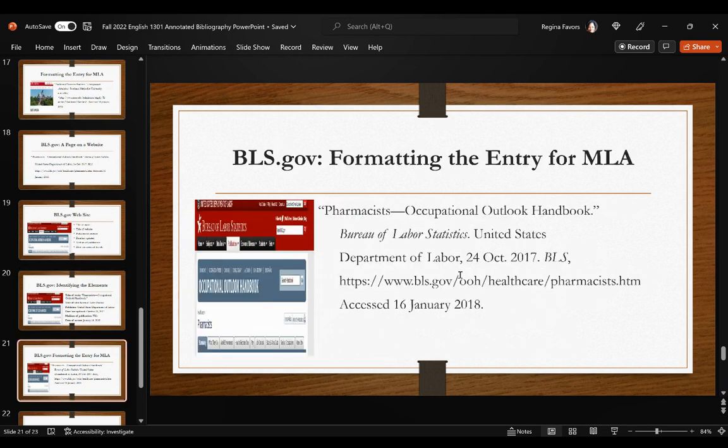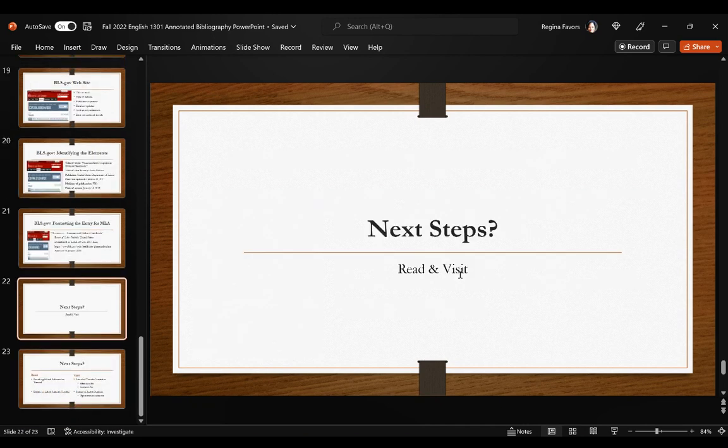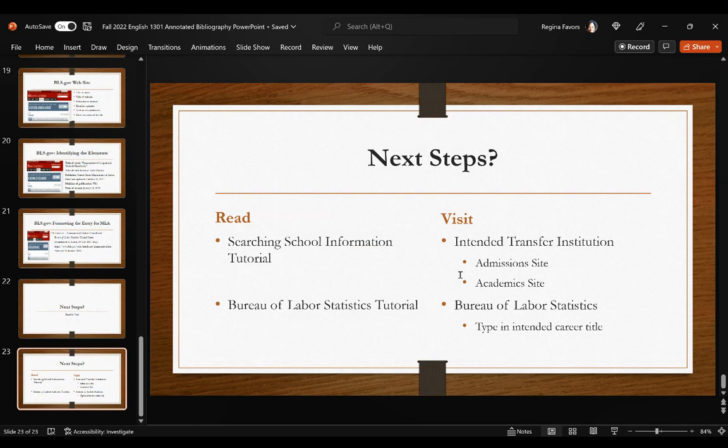So here's the example again, where you see the title of work, title of website, publisher, date last updated, URL, and then the access date. So then the next steps would be read and visit. Take some time to read the Searching School Information tutorial, as well as the Bureau of Labor Statistics tutorial.